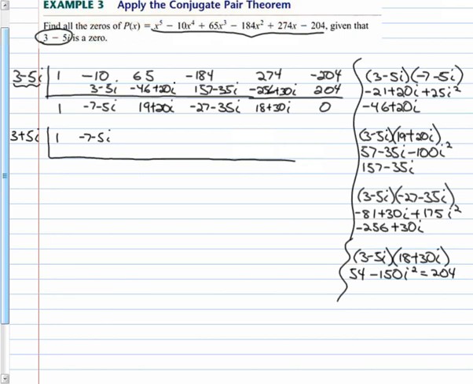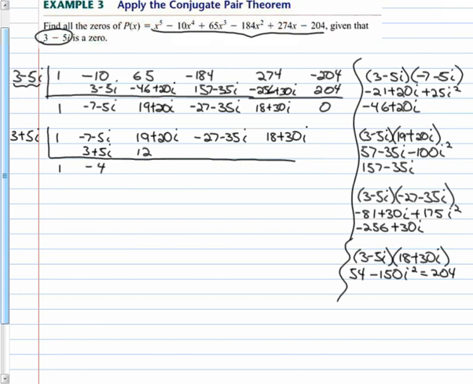Negative 7 minus 5i, x to the third is what it is. 19 plus 20i, minus 27 minus 35i, 18 plus 30i. And we're going to bring down the 1, multiply by 1. 3 plus 5i. Notice what happens to the i's. They cancel. Negative 7 plus 3 is 4. Multiply by 4. 4 times 3 is 12. 4 times 5.